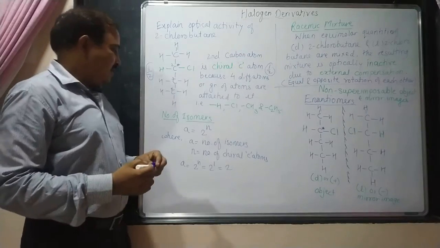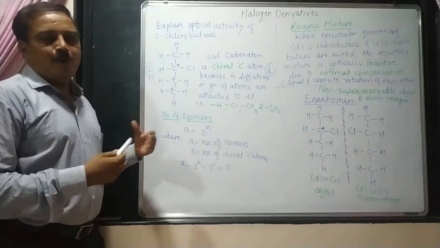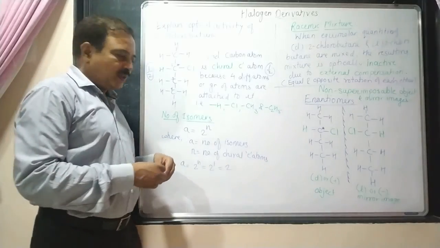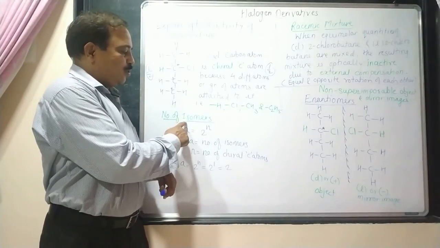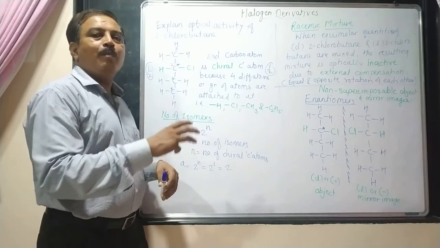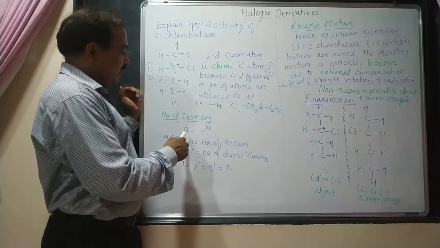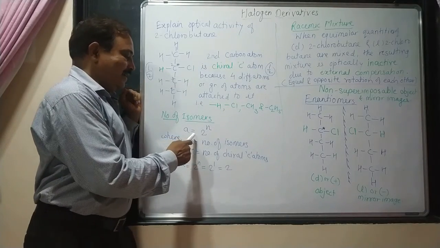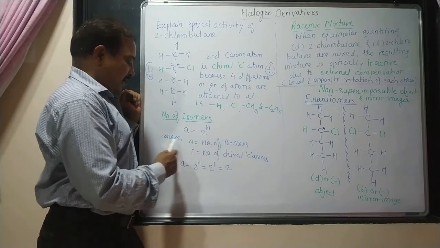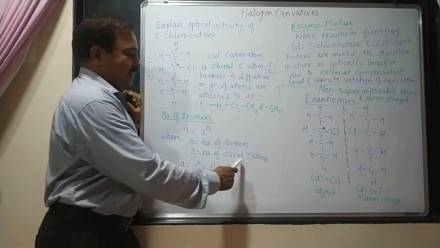Now the next point you have to explain is the number of isomers. How many isomers are possible? The number of isomers possible depends upon the number of chiral carbon atoms present in that organic compound molecule. The formula is A equals 2 raised to n, where A is the number of isomers and n is the number of chiral carbon atoms.